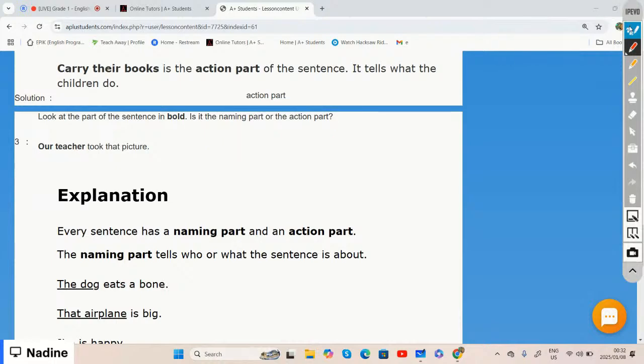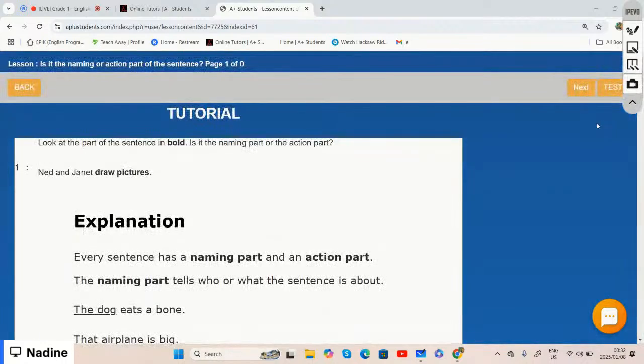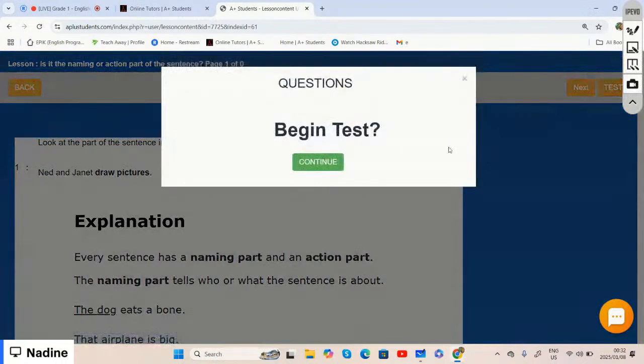All right, so now we're going on to our tests, where we're going to say, is it a naming part or is it an action part?